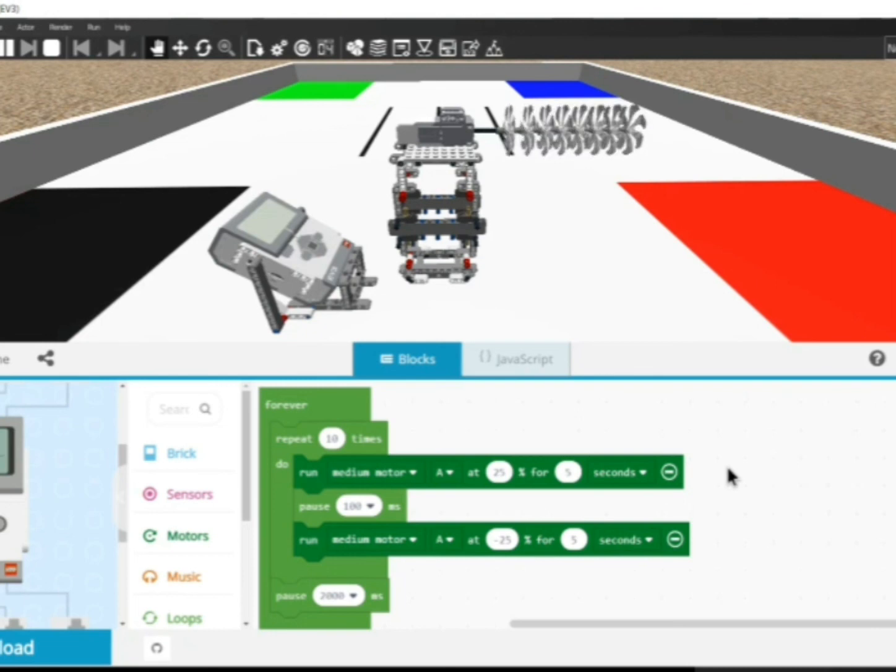It pauses for 100 milliseconds and then runs in the opposite direction, counterclockwise, with the same intensity for 5 seconds. This is in a repeat unit, which means that this will happen about 10 times, after which there will be a pause of 2 seconds and then the repeat unit will feed into itself. This is in a forever loop, which means that this will keep on going.